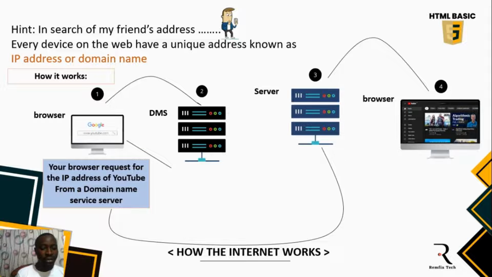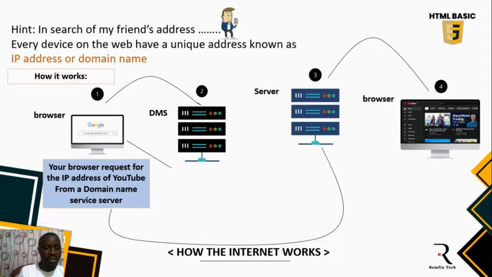YouTube.com is in a particular location, and it has a particular address which is called an IP address. IP stands for Internet Protocol Address, and it can also be referred to as a domain name. So it's a specific address for where youtube.com is located, and every device online has a specific IP address. The computer you're using, your mobile phone, your gadgets, your devices that can connect to the internet, they all have a specific IP address.